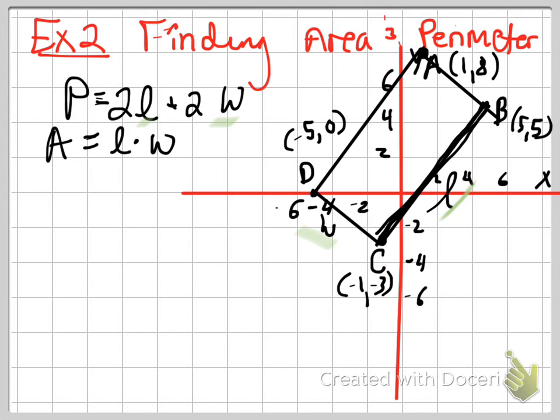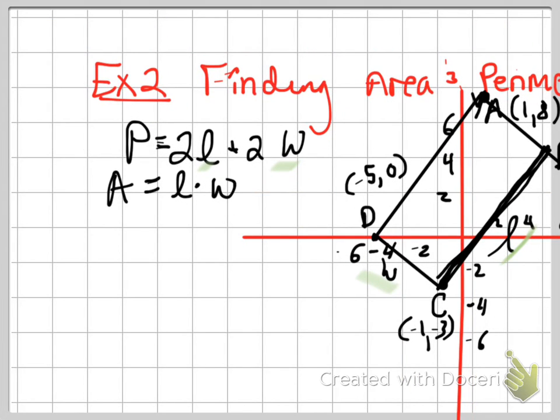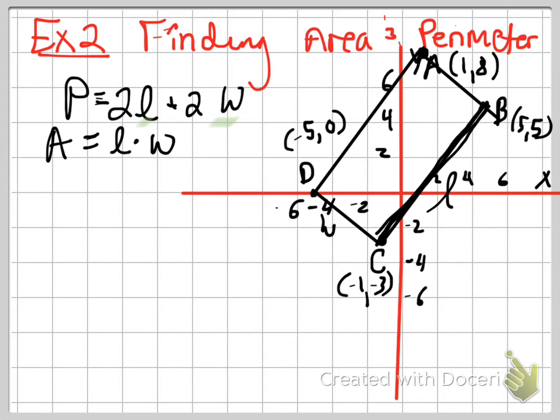So you can either find side DC or AB. They're going to be congruent, equal to one another. First, I'm going to use AB as my example.